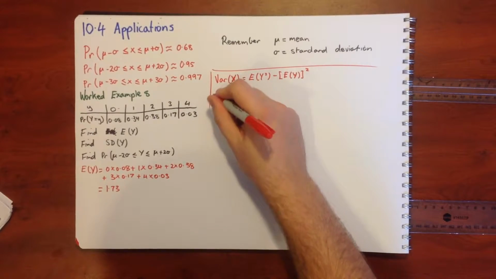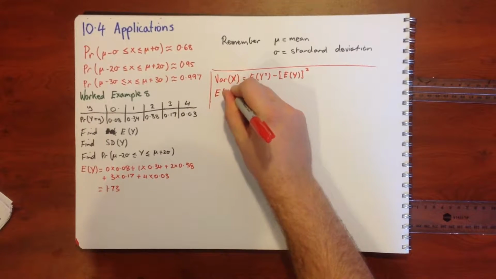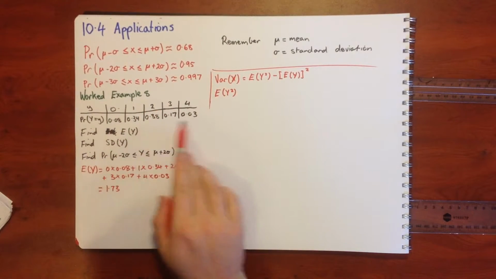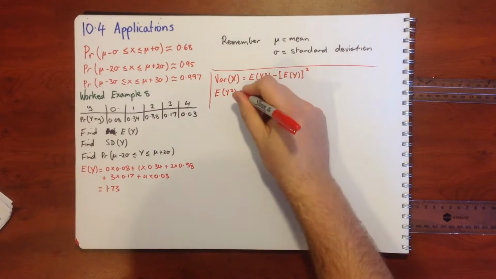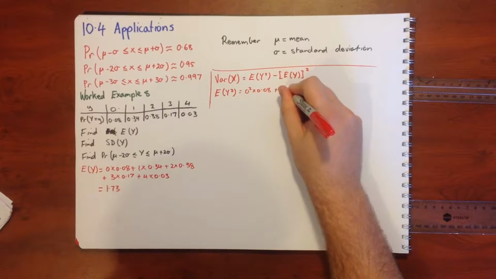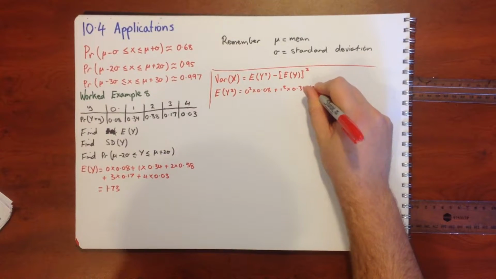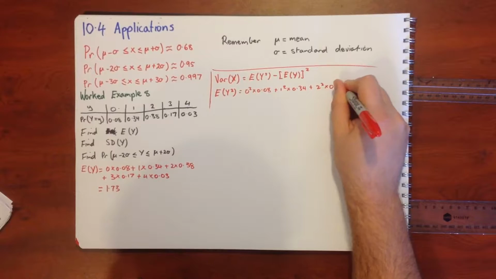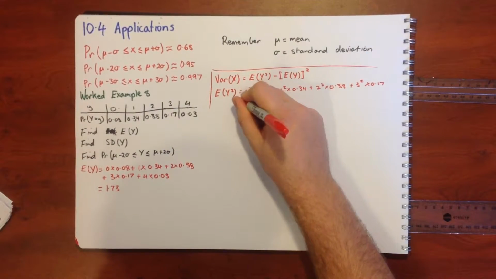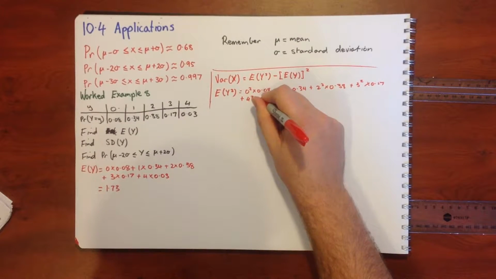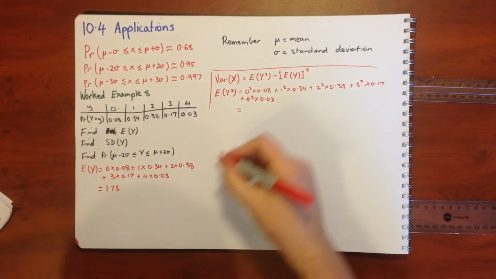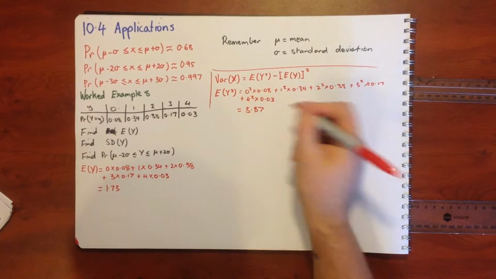This time we square our y values before we multiply them by the associated probabilities. So we've got 0 squared times 0.08 plus 1 squared times 0.34 plus 2 squared times 0.38 plus 3 squared times 0.17 plus 4 squared times 0.03. When we do the arithmetic, we get 3.87.